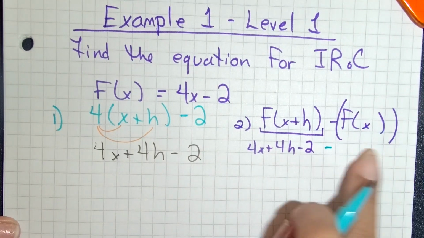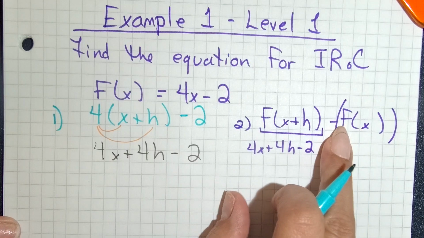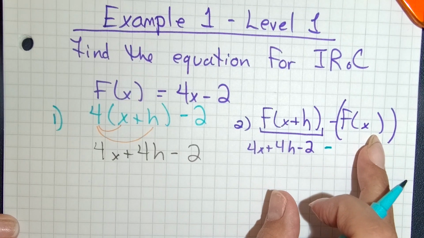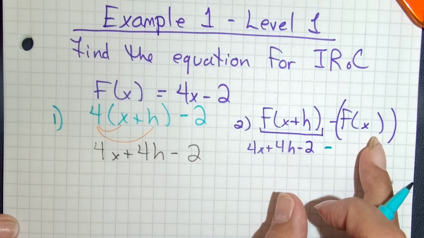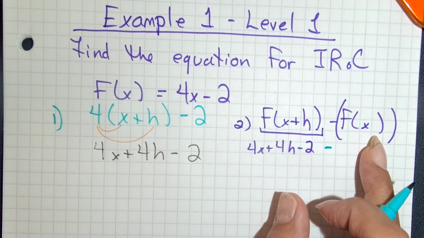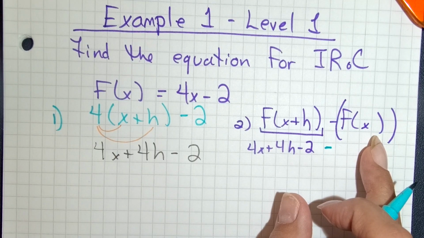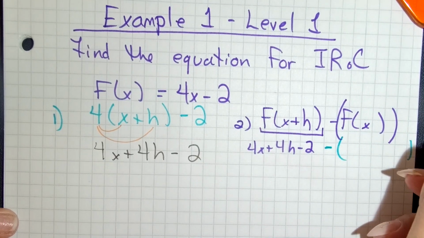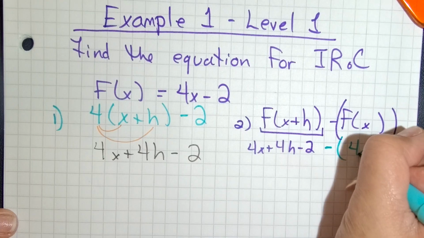What is f of x plus h? I'm sorry, not f of x. What's f of x? Not a trick question. What's f of x? Well, yes, it is y. But what specifically is it in this problem? What is the original problem? 4x minus 2.